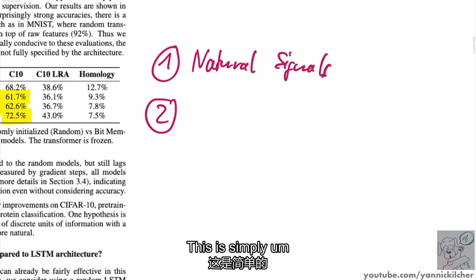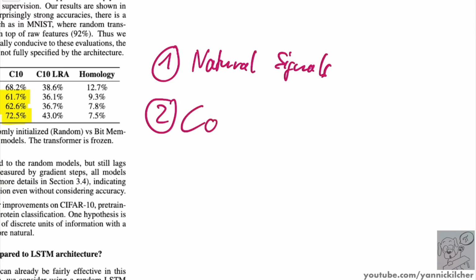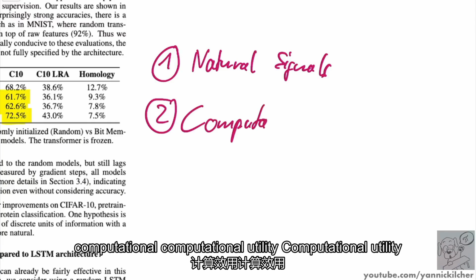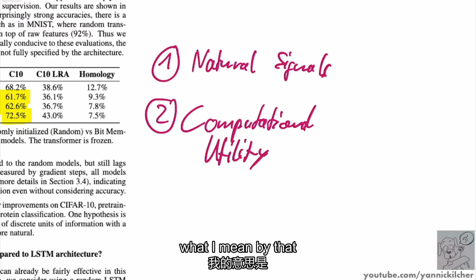And then second of all, and this is different, simply with enough complexity, there is what I'm going to say is computational utility. What I mean by that is that when you pre-train on a task, certain types of computation are going to be important for that task.